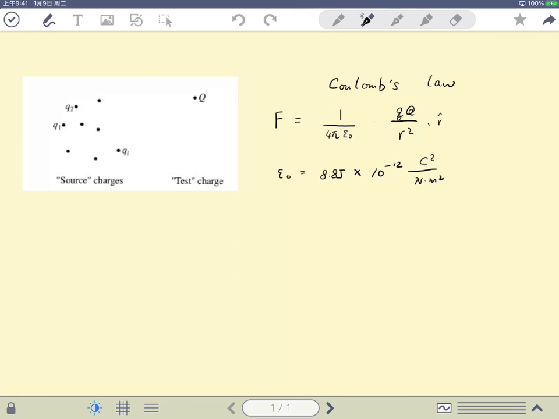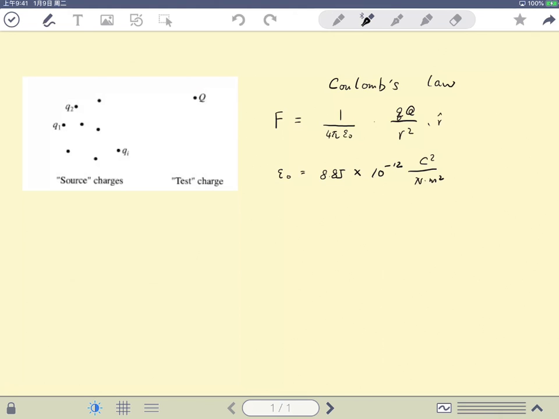So now we know the basic idea of what force is on the test charge from the source charges. We can try to solve some simple problems. First, there are 12 equal charges situated on the corners of a regular 12-sided polygon, for instance, one on each number of a clock face. What is the net force on the test charge Q at the center?